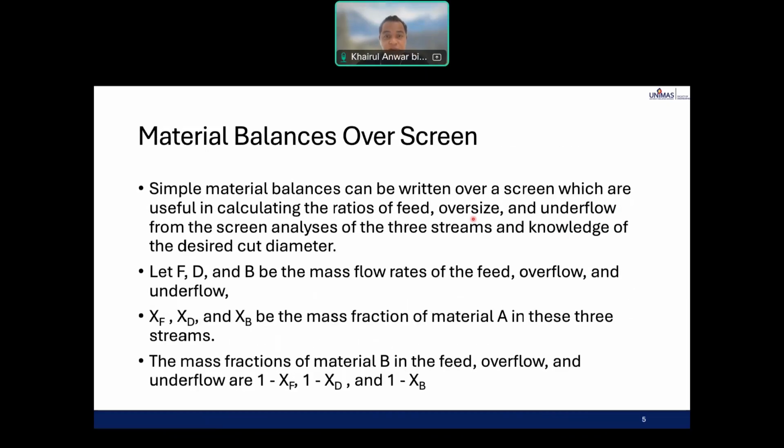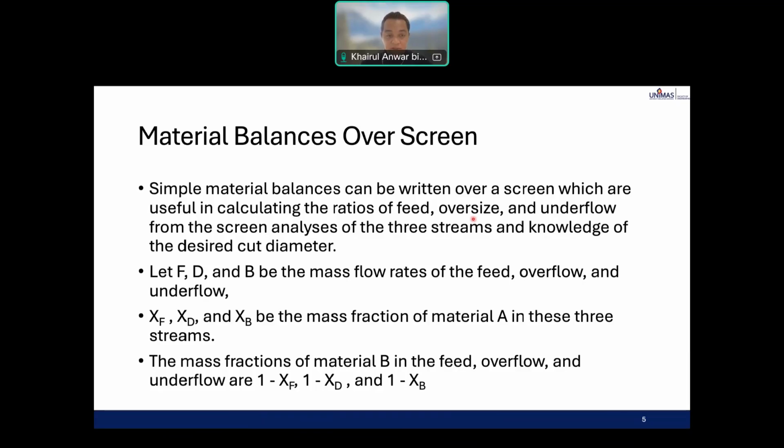Material balance over a screen. A simple material balance can be written over a screen, which is useful in calculating the ratio of feed, overflow and underflow from the screen analysis of the three streams and knowledge of the desired cut diameter. So let F, D, and B be the mass flow rates of the feed, overflow and underflow.